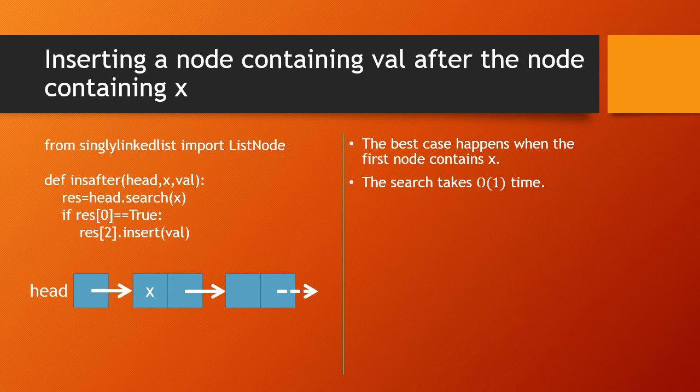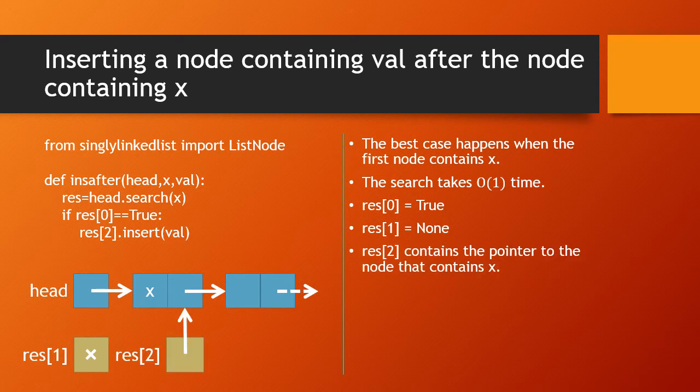Now since there is a node containing x, res 0 is going to be true. Res 1 is none. See, res 1 is supposed to contain a pointer to the node before the node containing x, but there is no node before the node containing x. Hence res 1 is none. Res 2 contains a pointer to the node that contains x.